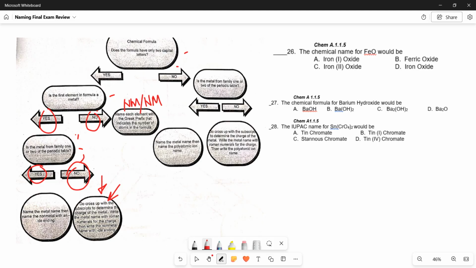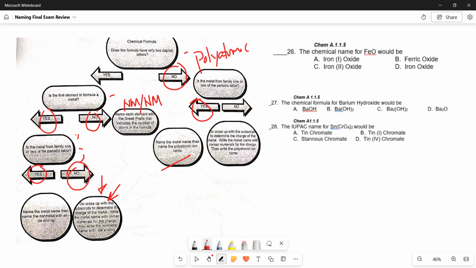If I do not have two capital letters, in other words, two elements, that means I have a polyatomic ion present. I don't know if your teacher makes you memorize polyatomic ions. I always gave a chart on the test for the kids to use, but you may have to brush up on those. If the metal, the first element, is from family 1 or 2, again, very easy to name. You name the metal like sodium and then the polyatomic ion, which might be like hydroxide.